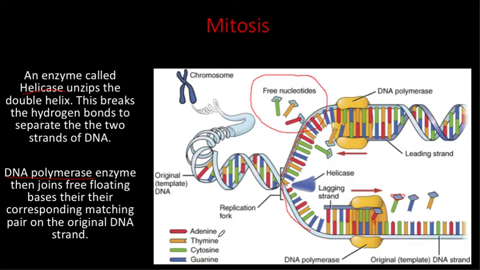And if you think back to last episode, A always pairs with T and C always pairs with G. And the DNA polymerase will make sure that you've got the correct complementary base pairing rule being followed, and it'll do it all the way to the end of your DNA strand, and you'll end up with two new DNA strands that have come from the original DNA strand. This one will go to one cell, and this one will go to another cell.